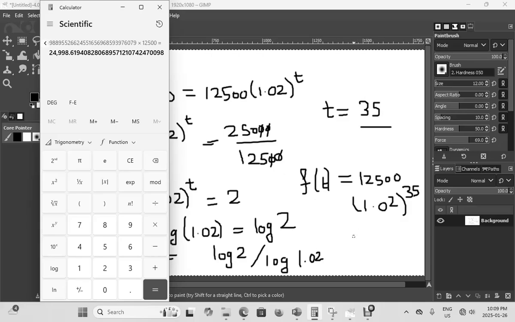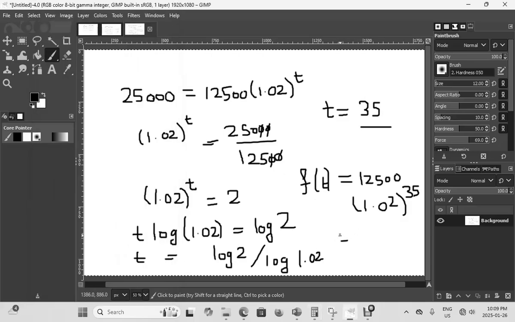So this will be equal to 25,000 approximately, and this is how you double check the answer.